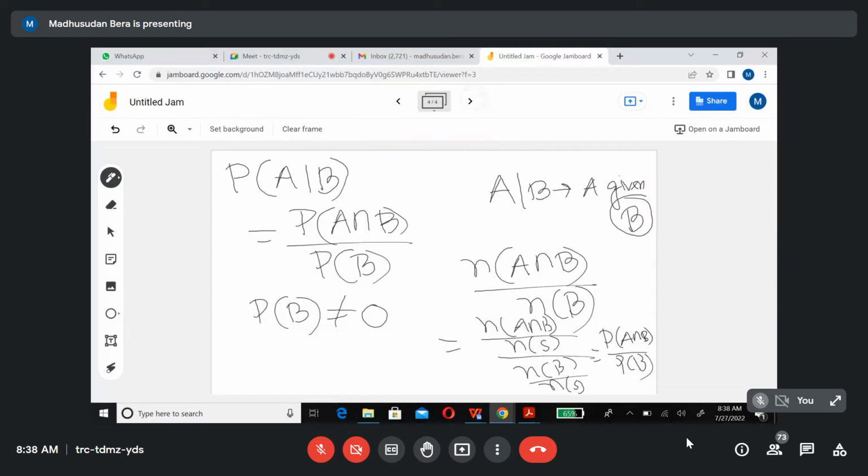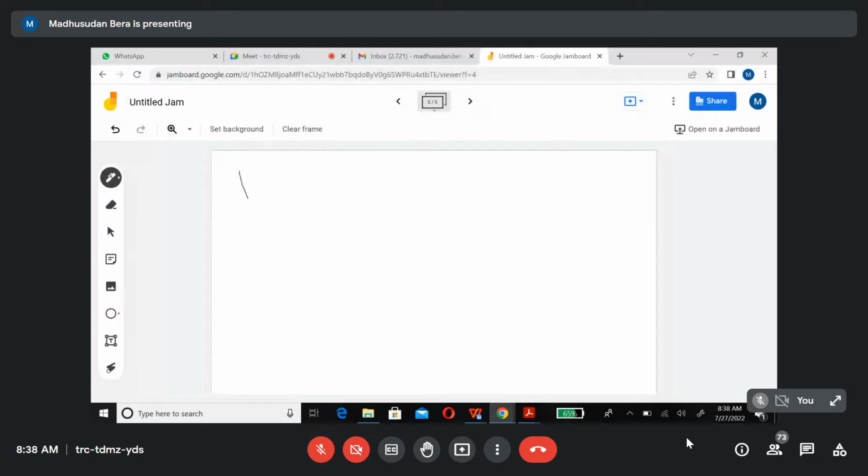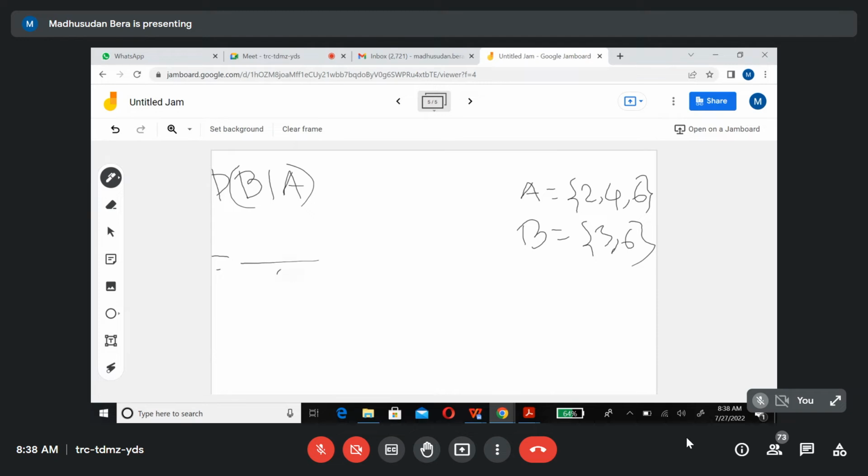Or B given A. A is even face, 2, 4, 6. B is multiple of 3, that is 3, 6. So B given A means inside A, the probability of B. So A contains how many elements? 3.